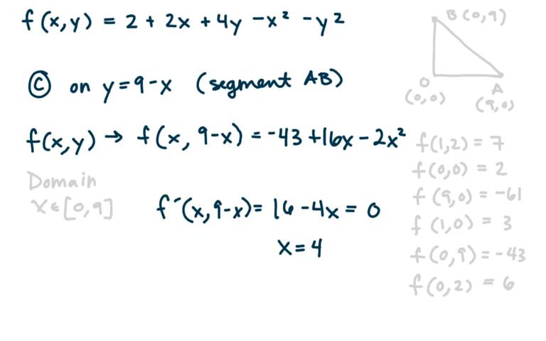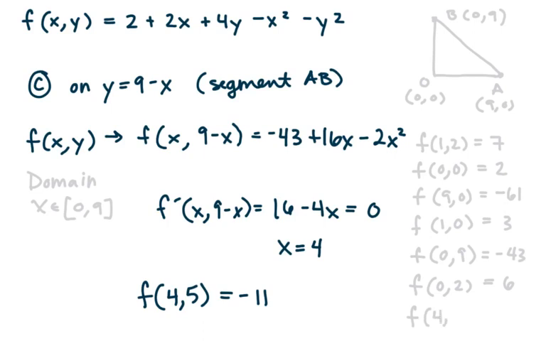So my ordered pair, 4, 9 minus 4 is going to be 5. So the function value at 4, 5, plugging that into my original function up here, I get negative 11.